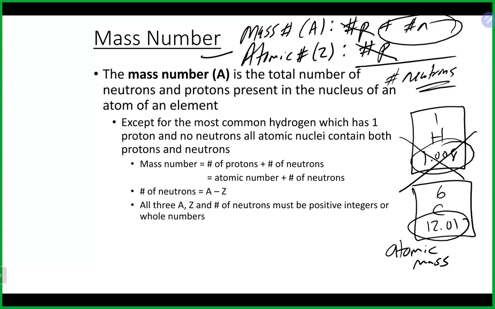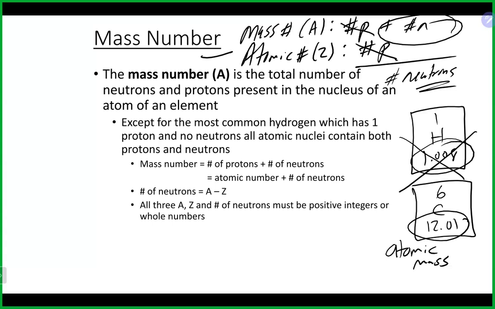You may be given the mass number and know the number of protons, which you could then subtract to get the number of neutrons. So the problem itself will give you enough information to calculate all three of those things: the protons, electrons, and neutrons. The only thing that may not be given is the protons, because you don't need it. You just need to know the element, right? You could go to the periodic table and figure out the protons.